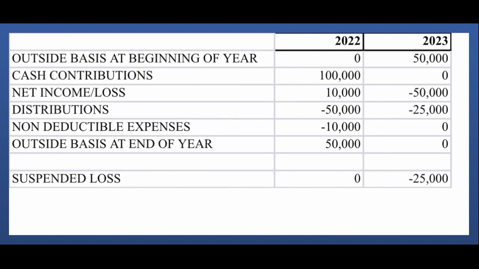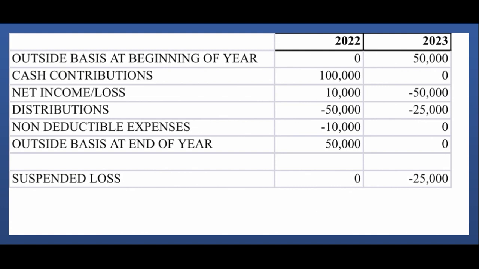In 2023, we're going to say that I had a net loss. The partnership had a net loss of $100,000, so I had a $50,000 net loss. And in addition to that, I took out $25,000. I had a loss of $50,000, but my beginning basis was only $50,000.